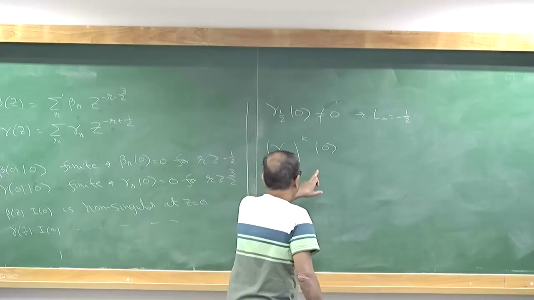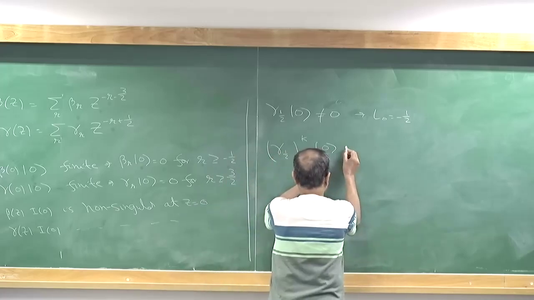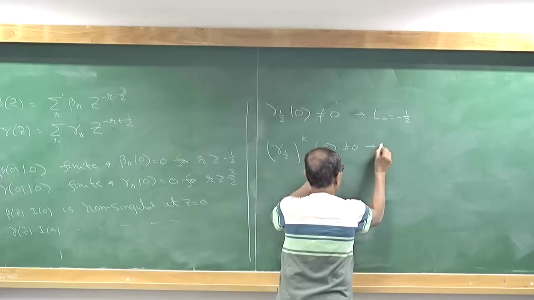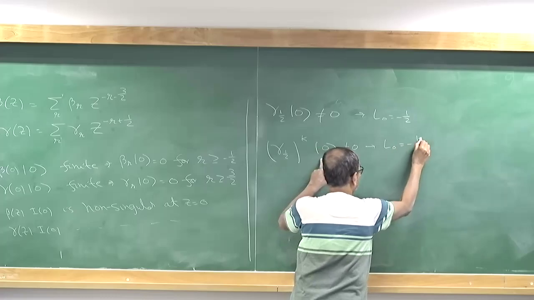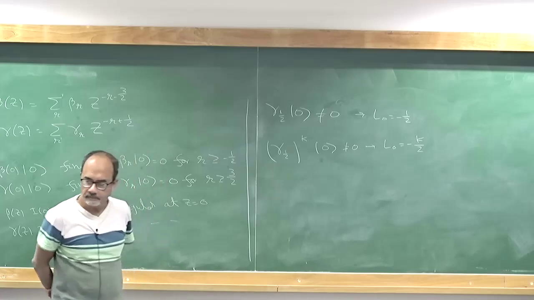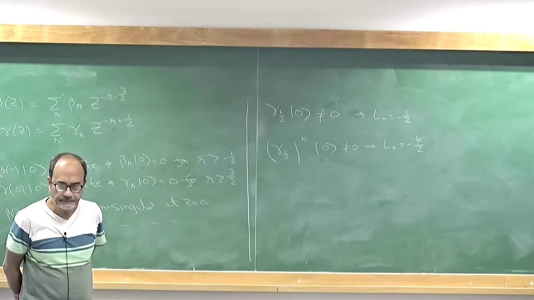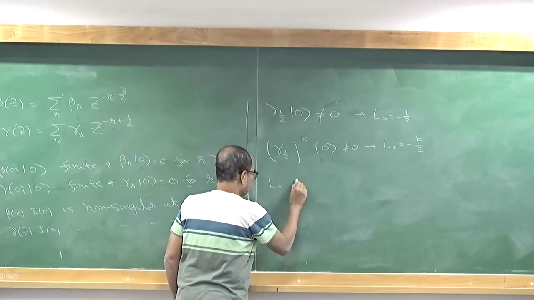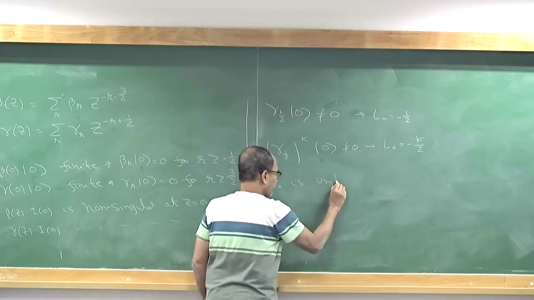So gamma half to the k acting on a vacuum is not equal to 0 in general, and this gives you L0 equal to -k/2, and k is any integer. So this tells us that L0 is unbounded from below.